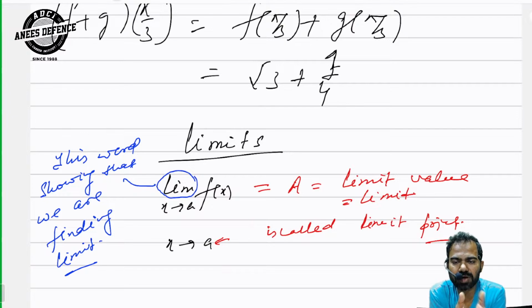The complete value is called limit value or limit. The LIM word is showing that we are finding limit. Okay, so write this.